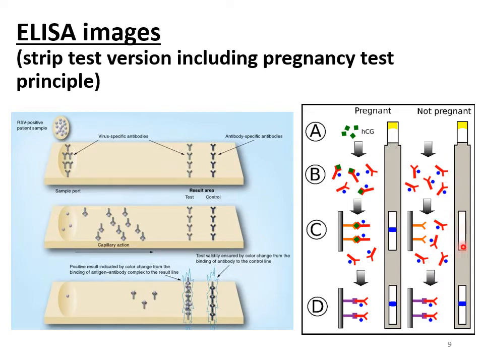They'll keep floating through, and then they'll bind to the control area because this control area is meant to stick to any antibody. So you get to see a positive result as a control to show what it looks like. And then you would compare and say, oh, my test area does not look like the control, so I am not pregnant. Okay?